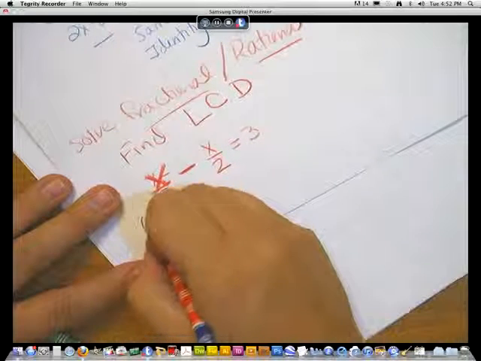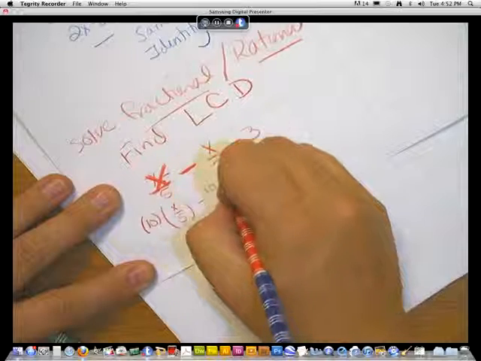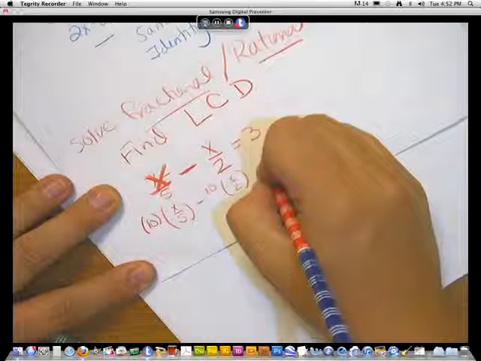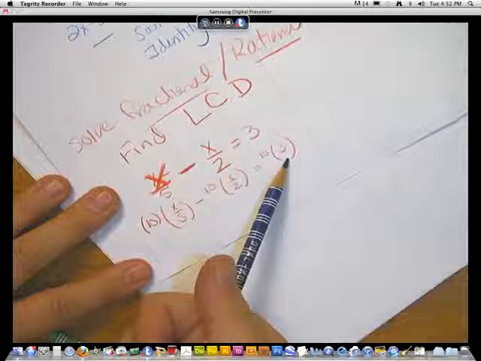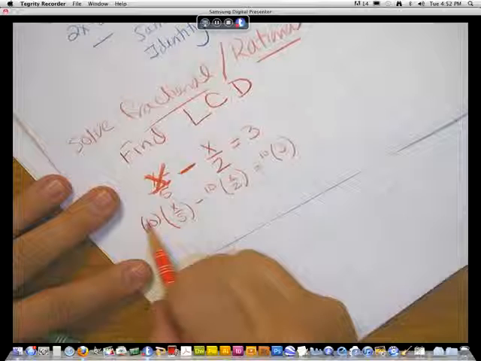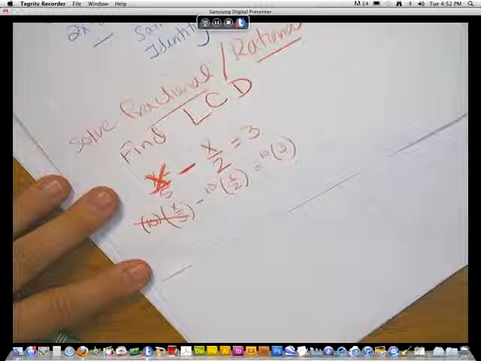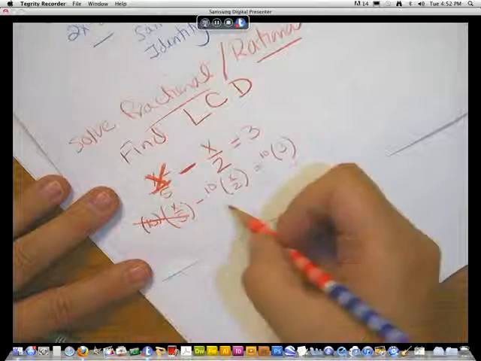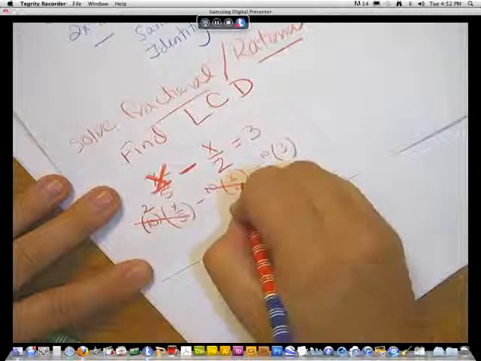That means we're going to multiply everything by 10, including the other side. We tend to forget this one. Don't forget this side. The reason we do that is because it's going to reduce out our fractions, because when we multiply by its commonality, it gets to reduce.